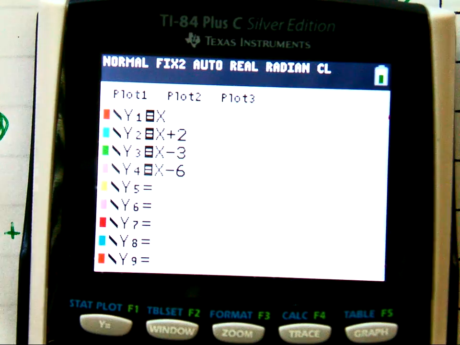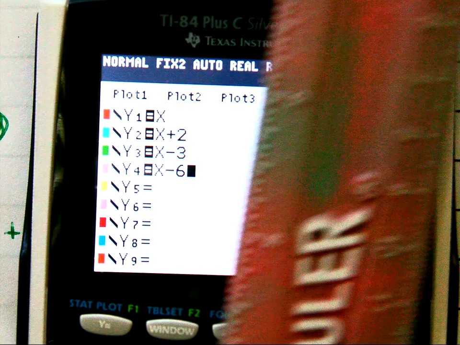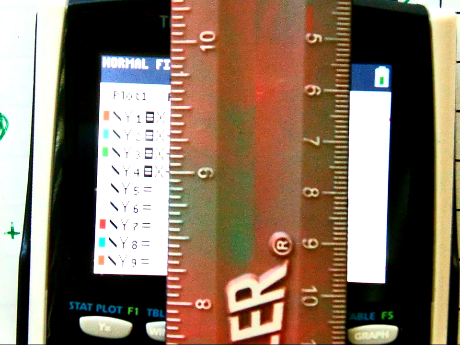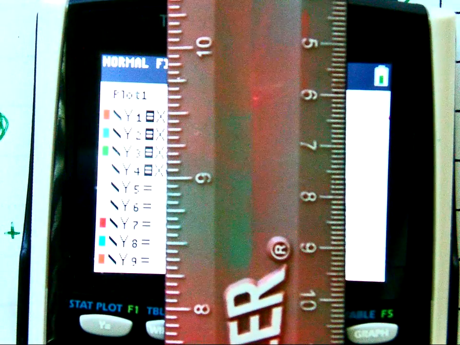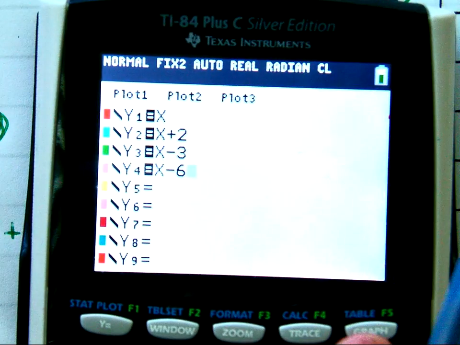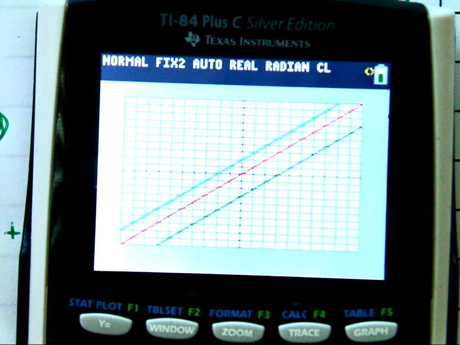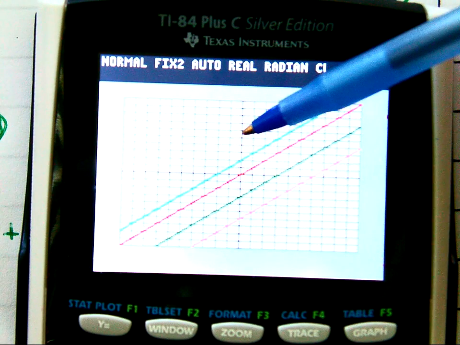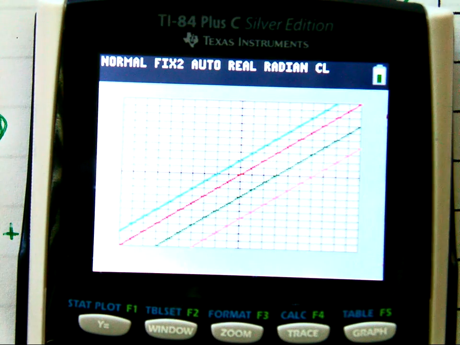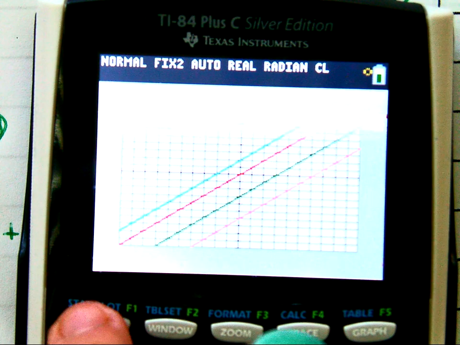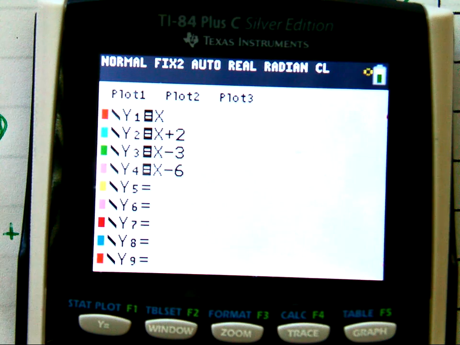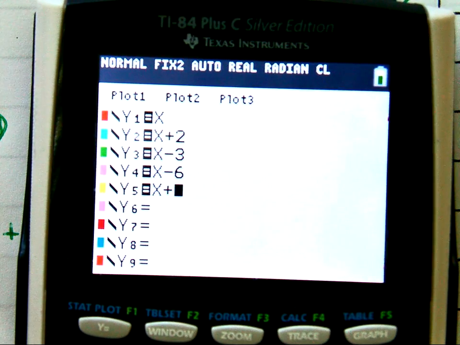Because look, if I cover all of these up, I have y equals x, y equals x, y equals x, which is that red line. But I'm shifting that line either up or down. Now you tell me, what would I type in to get it to go through positive 5 up there? I would type in y equals x plus 5. Got it?